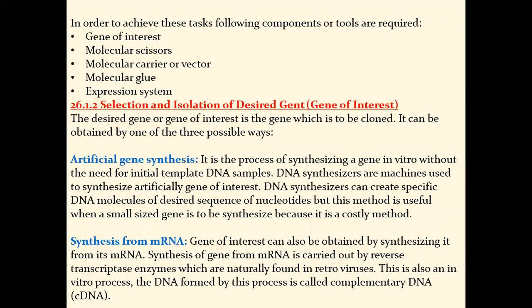In order to achieve the task, following components or tools, as I have told you, we have to use for that procedure. First of all, the gene of interest, molecular scissors, molecular carriers or vectors, molecular glue, and expression system.